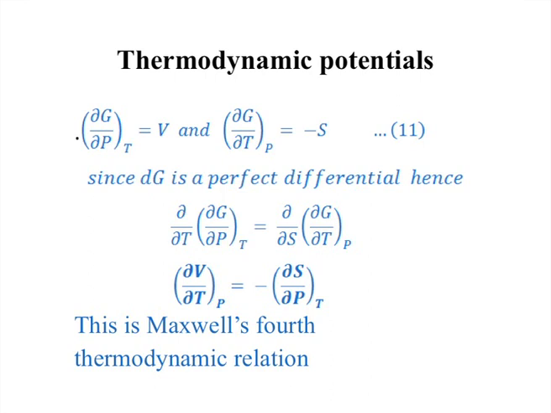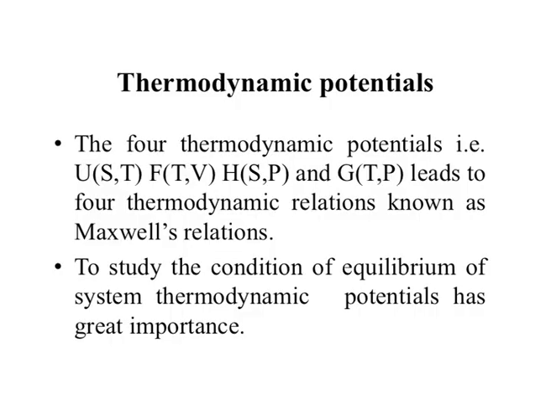These are the four thermodynamic potentials from which we have derived Maxwell's thermodynamic relations. If you take the four thermodynamic potentials, the first is the internal energy U, a function of entropy and volume.